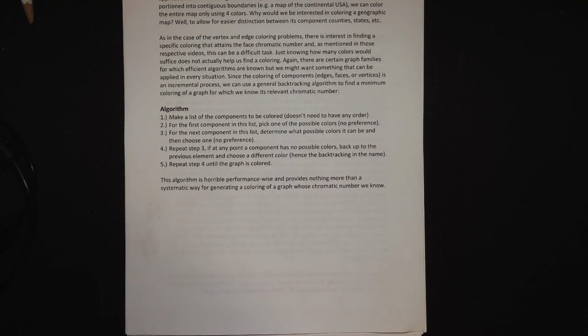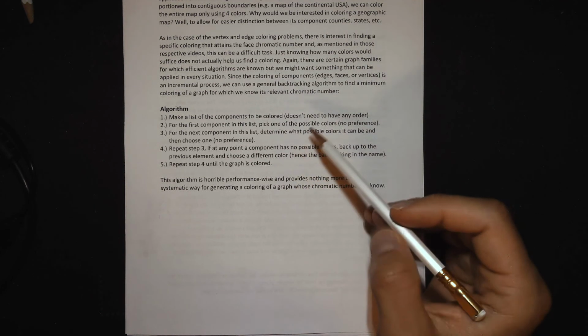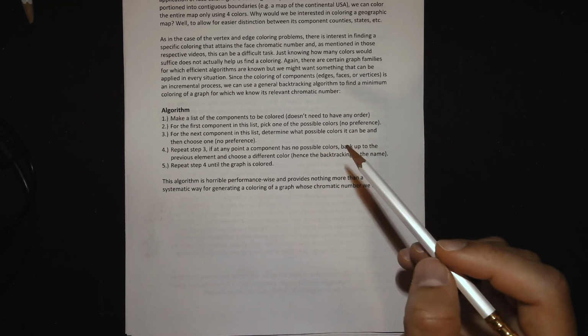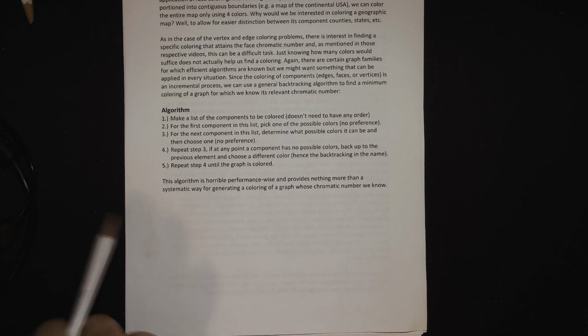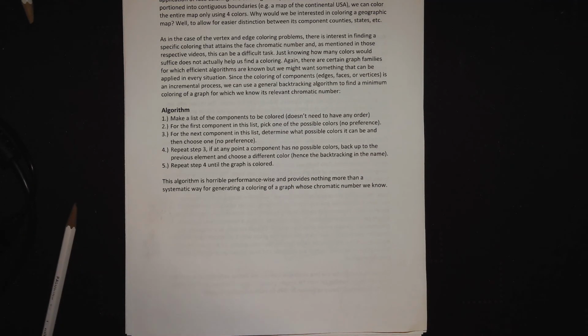Right? So this algorithm is horrible performance-wise, and it provides nothing more than a systematic way for generating a coloring of a graph whose chromatic number we know. You can modify this algorithm for trying different numbers of colors, but then you're really talking about a poor performing algorithm at that point.